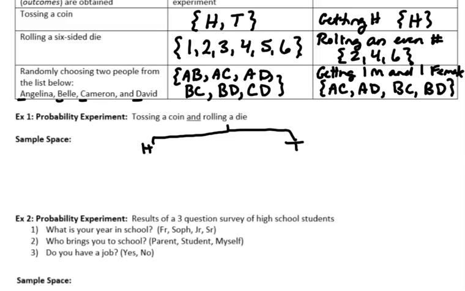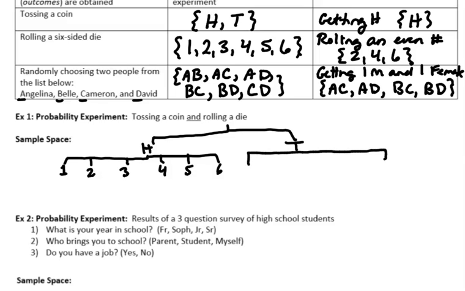And so I could pair heads up with 6 different numbers. So I could get heads with a 1, heads with a 2, with a 3, with a 4, with a 5, or with a 6. And the same thing with tails. Tails could pair up with 1, 2, 3, 4, 5, or 6.